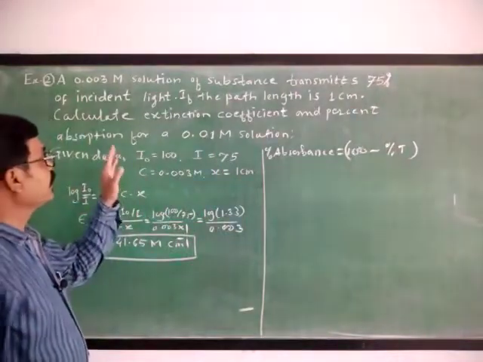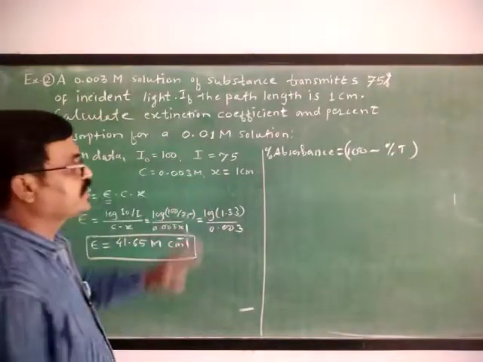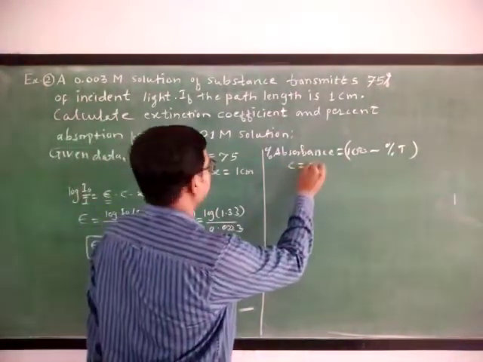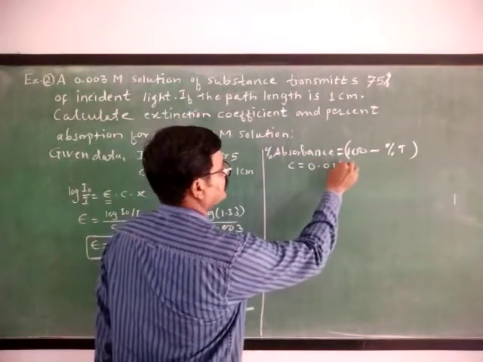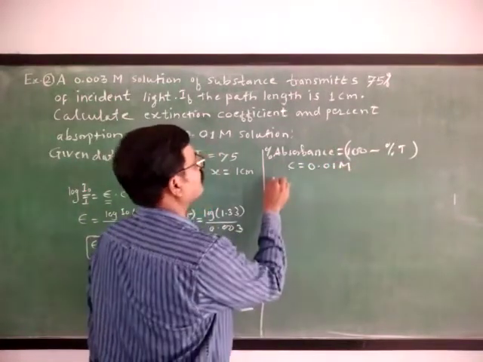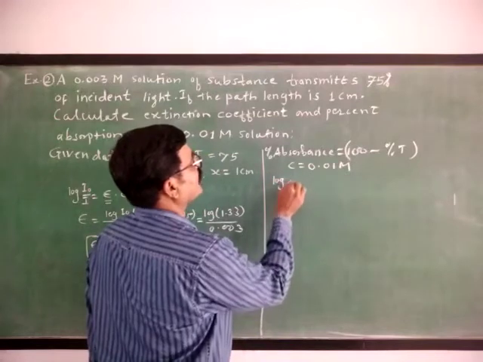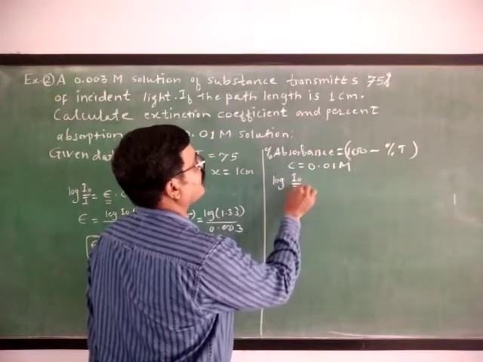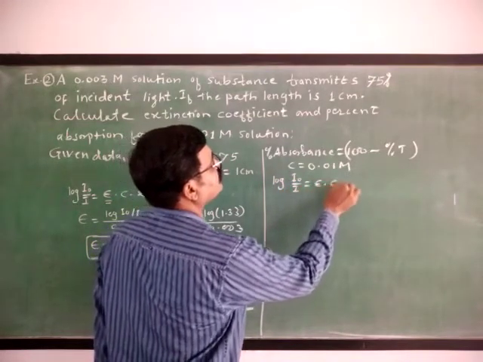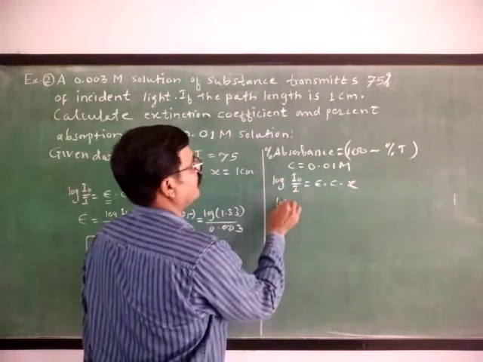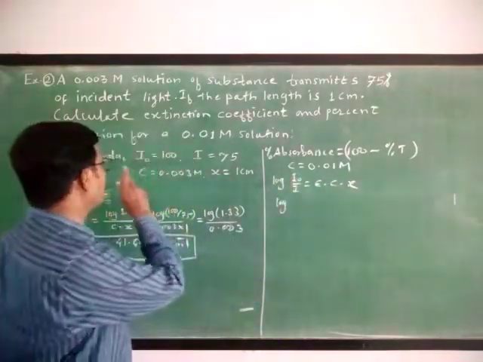Now from the given data, here the concentration is changed. The concentration given in the second part is 0.01 molar. That's why put in Beer's law equation: log of I0 upon I is equal to epsilon into C into x. Log of I0 we have 100.